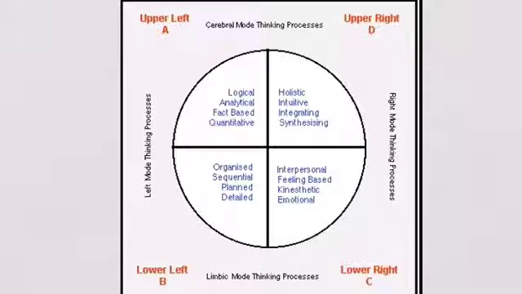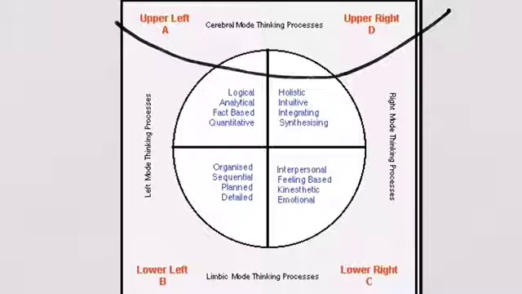We more or less know what cerebral mode thinking processes are. So here we look at logic, analysis, the process of going through facts, or holistic, intuitive, integrative, and synthetic processes, as opposed to the limbic system.